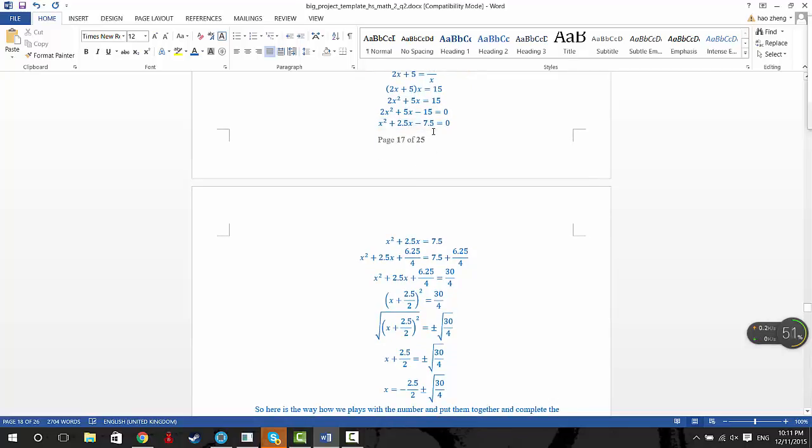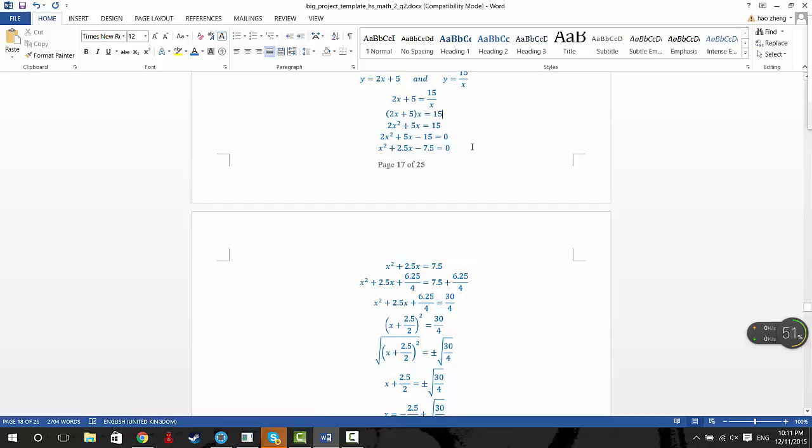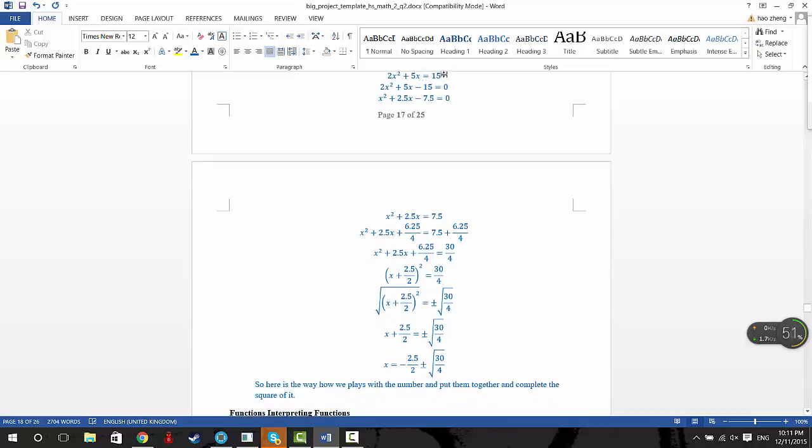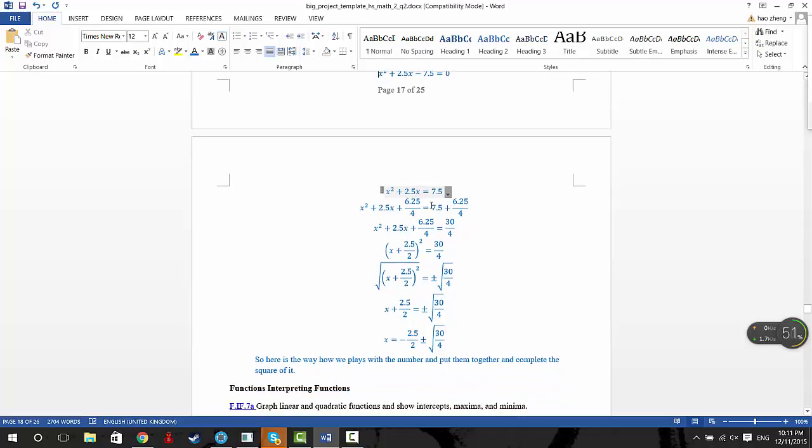And then we simplify it, get rid of the front 2 by dividing all of them by 2, and you get a half of it, right? After that, we're going to complete the square to solve it.